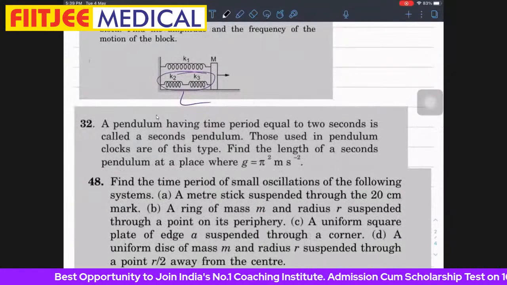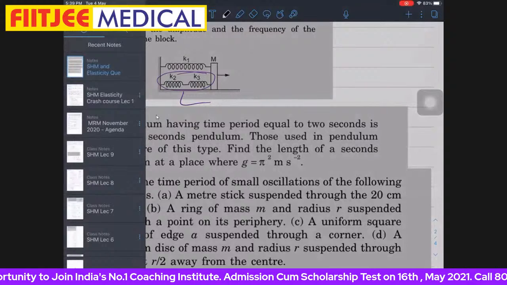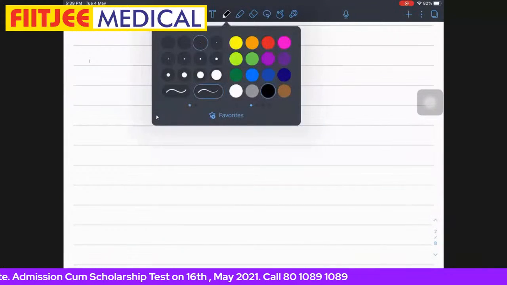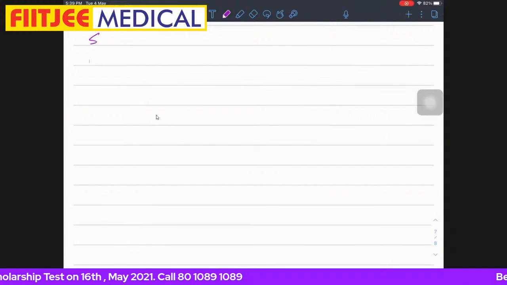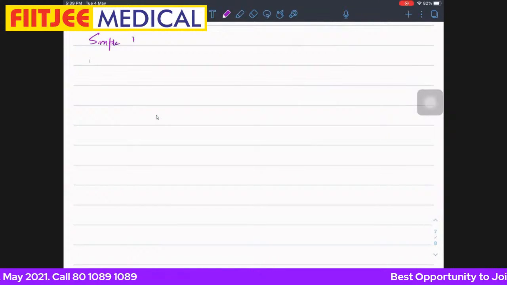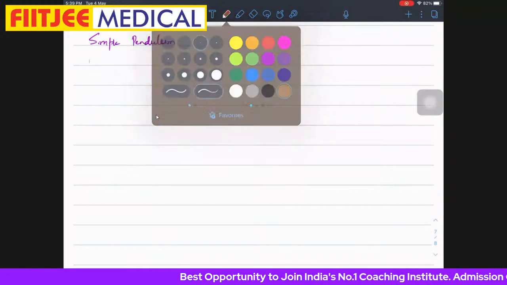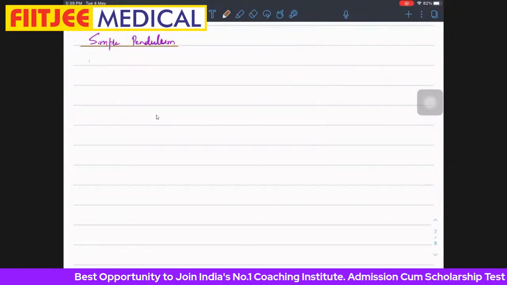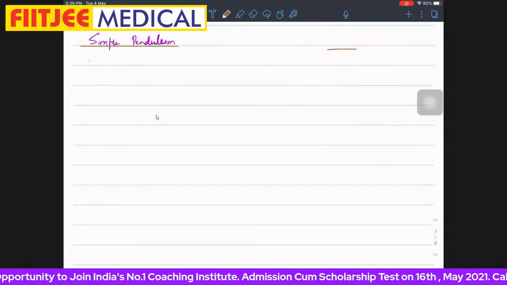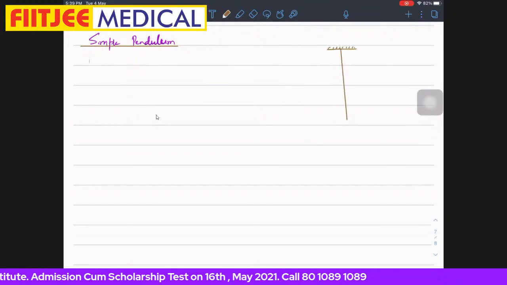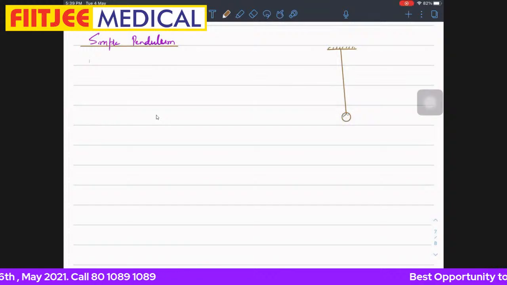Now let's start the simple pendulum. What is a simple pendulum? Suppose a mass is hanging from a light string.